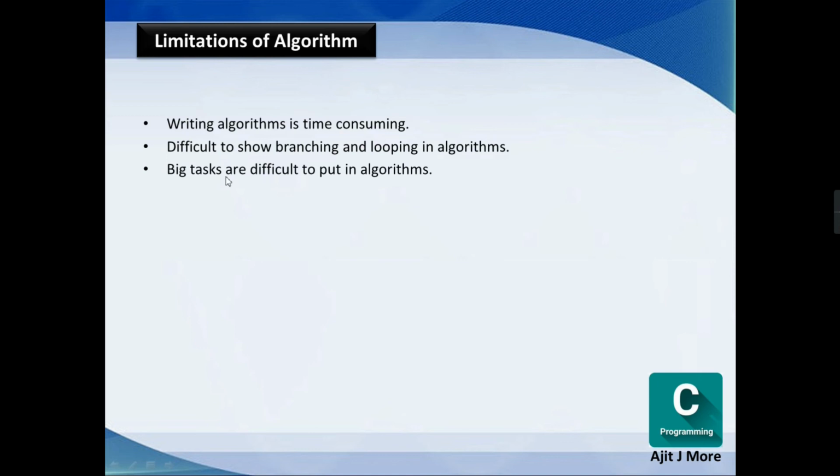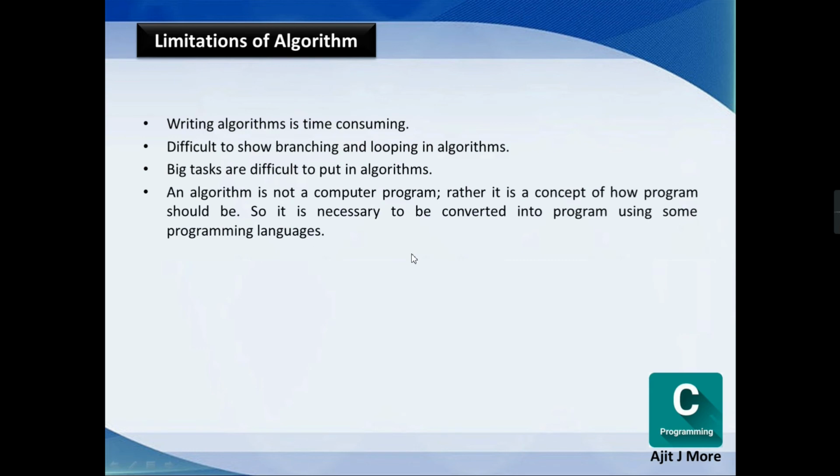Big task: if you want to solve a very complicated task using an algorithm, directly you cannot do it. You have to divide it into many sub algorithms or sub problems, and for each sub problem you have to write a separate algorithm. Getting it?